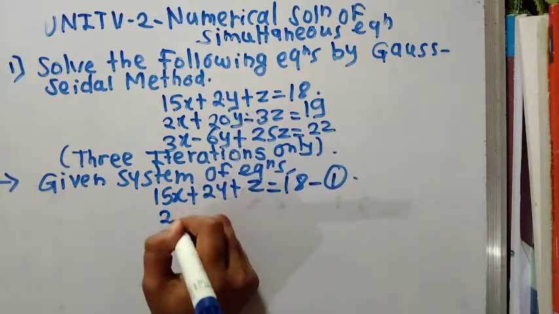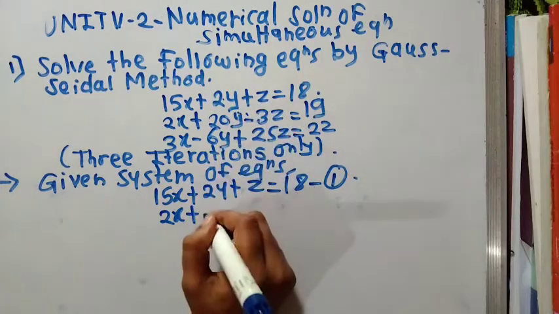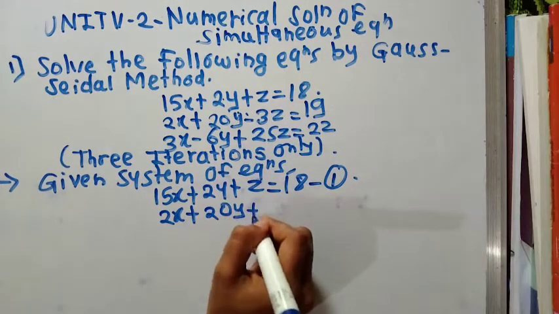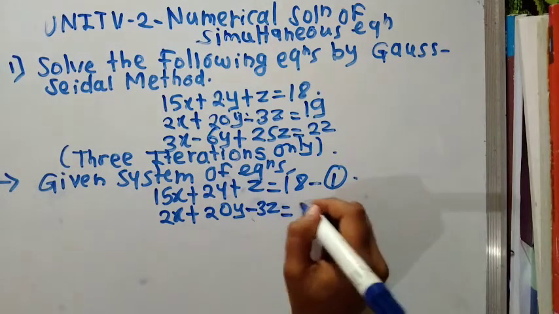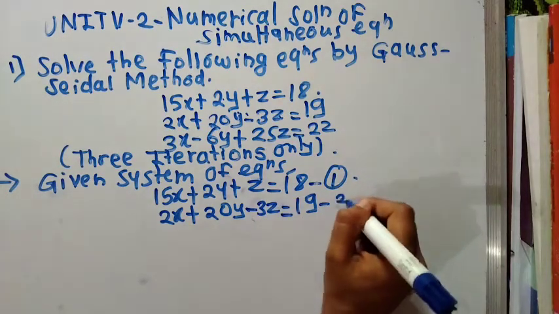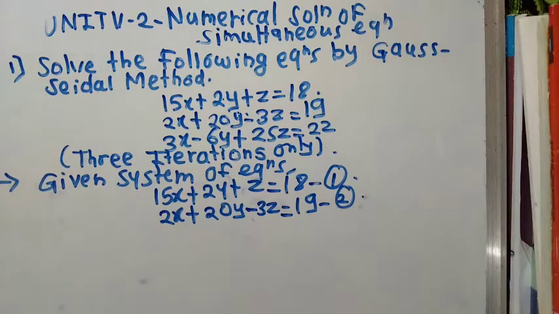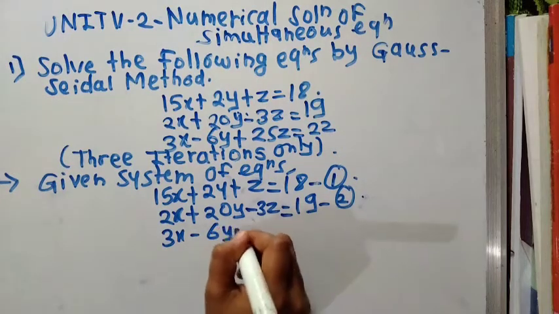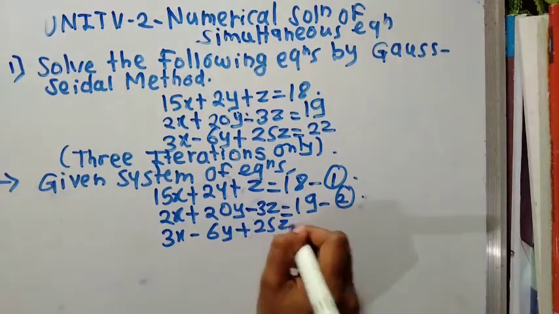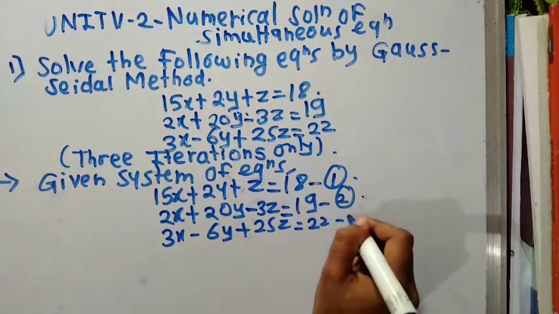Then second equation 2x plus 20y minus 3z is equal to 90. And third equation 3x minus 6y plus 25z is equal to 22.